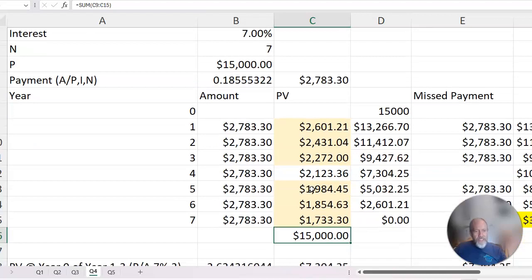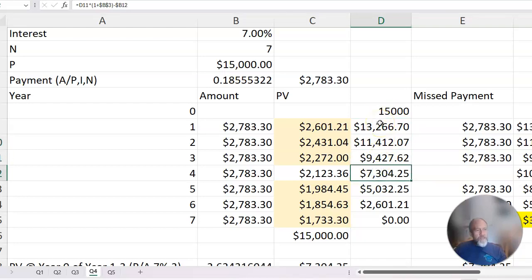Again, it's not magic. And if we actually just calculated how much he owed every given month as he went through and made the payments, it should zero out at the end. Okay, that's basically a mortgage amortization table. You calculate the present value of that payment and you subtract the actual amounts from this 15,000, and you just do that over and over again.